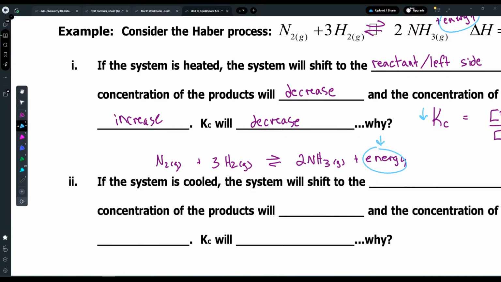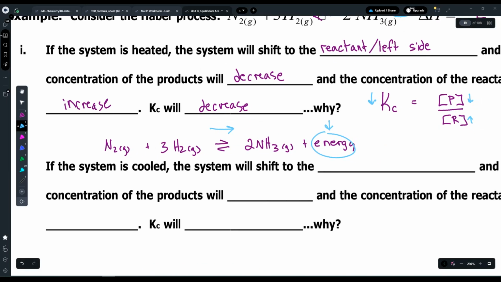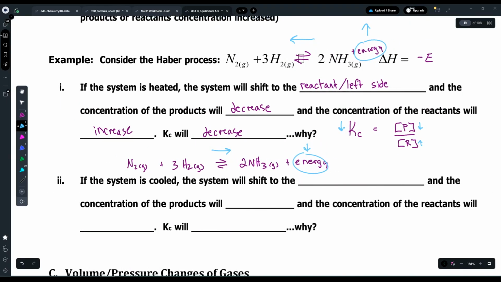So whenever we're taking away, the equilibrium shifts towards, okay, because the equilibrium is basically saying, oh, I lost something, I have to make it up, okay? So if the system at equilibrium is cooled, it's going to shift to the product side, which you could also say it shifts to the right side.